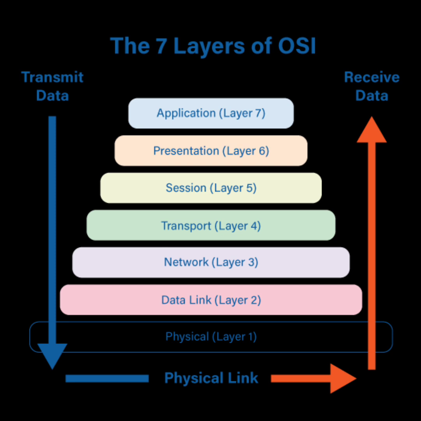This layer receives the signal, converts it into zeros and ones, and sends them to the data link layer. Its functions include bit synchronization, bit rate control, topologies, and transmission mode. This layer also defines how data flows between two connected devices.